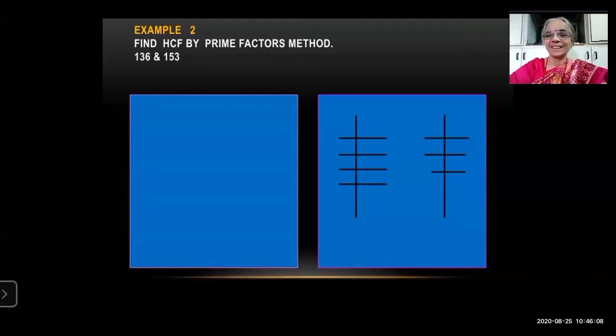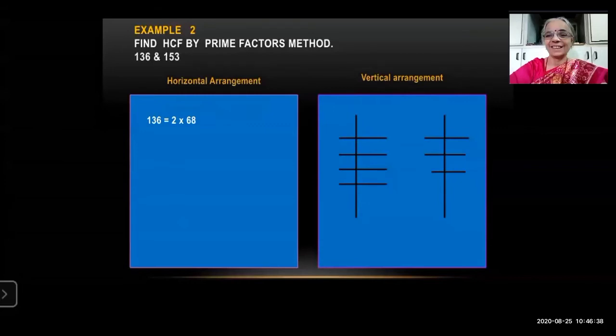Two, three answers have come. Okay, let's see what's next. 136 is equal to 2 into 68. Now, because 68 is not a prime number, again we need to think on it.